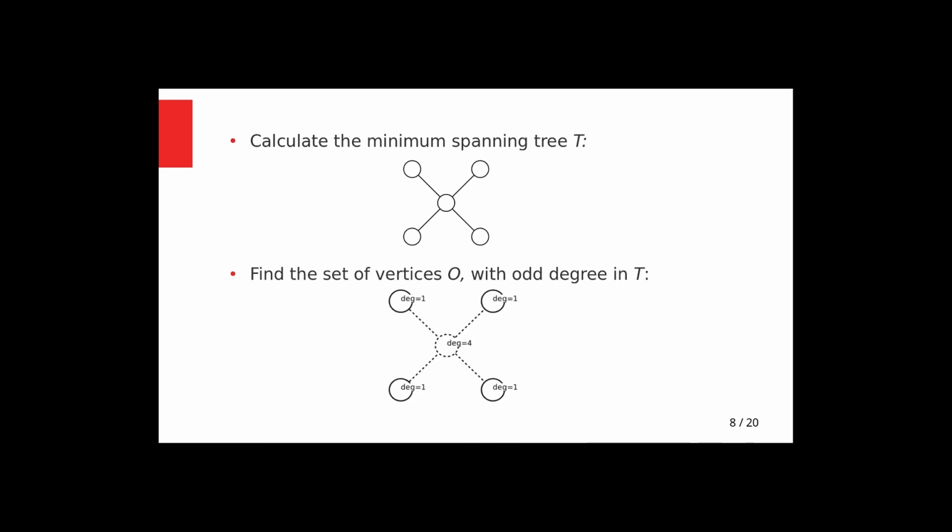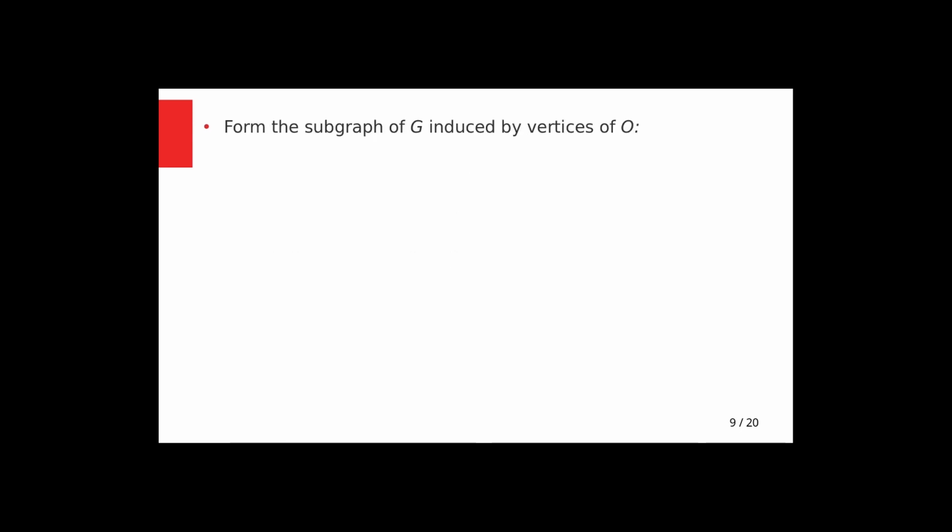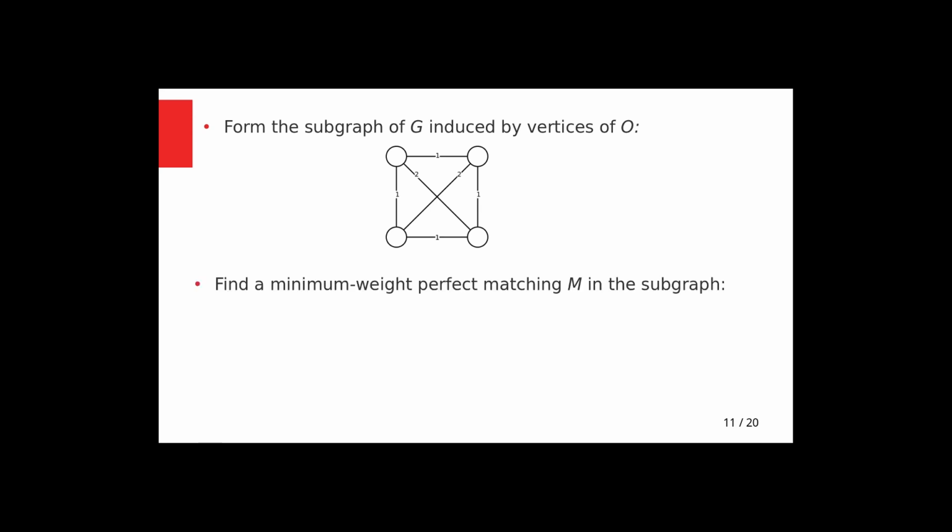Since we know by the handshaking lemma that the number of vertices with odd degree is even, we get an even number of vertices. Then we can find the subgraph induced by the vertices of O on G. Because the number of odd vertices is even, we can find a perfect matching, and we can also find a minimum weight perfect matching using a particular algorithm.